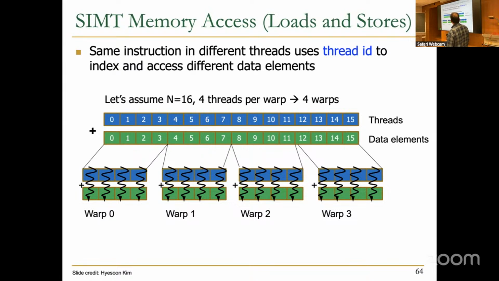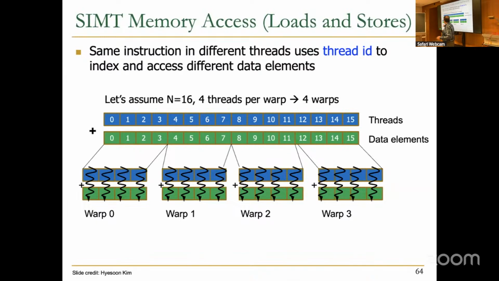Okay, and for memory access, the same instruction in different threads uses the thread ID to index and access different data elements. For example, consider you have 2 arrays of 16 elements each, and you want to run them on 4 warps, where each warp has 4 threads. So you have warp 0 to warp 3, and each of these warps has thread IDs.